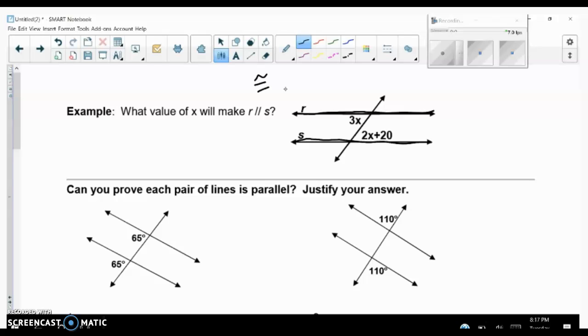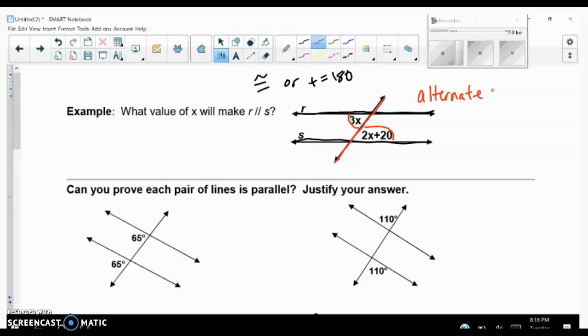What value of x will make r parallel to s? So we need these angles to be either congruent or supplementary. So let's figure out what it should be. Well, they're both inside the lines, and they're on different sides of the transversal.